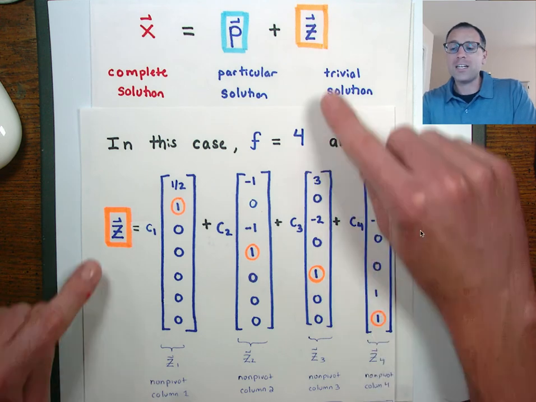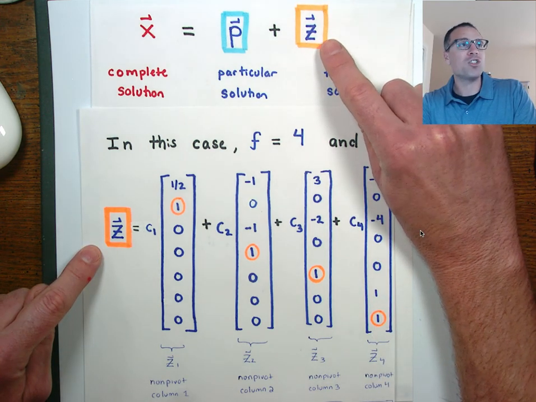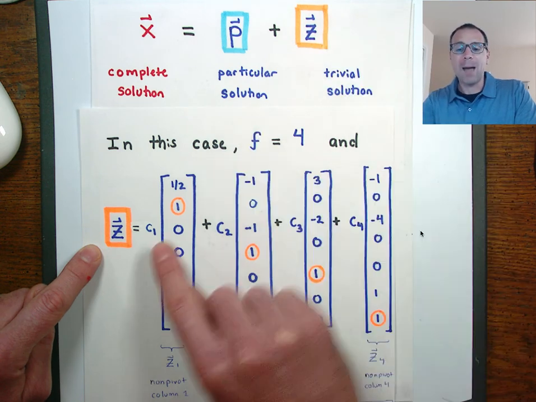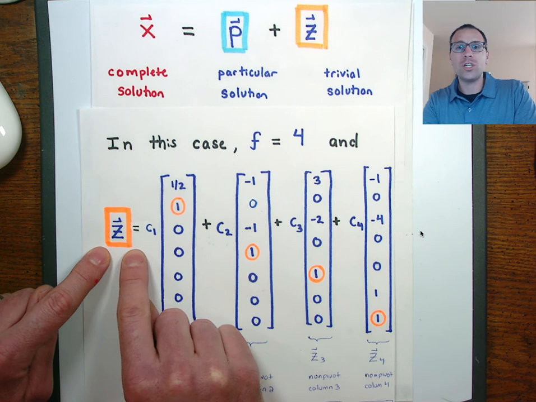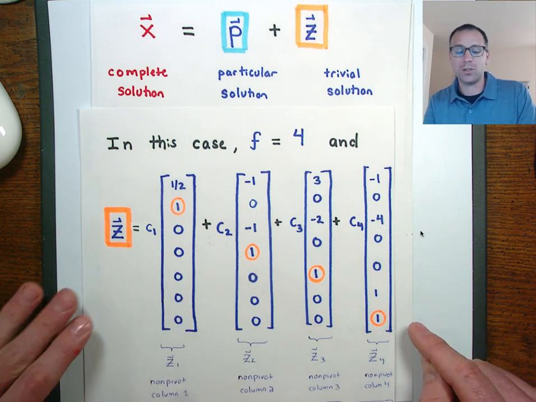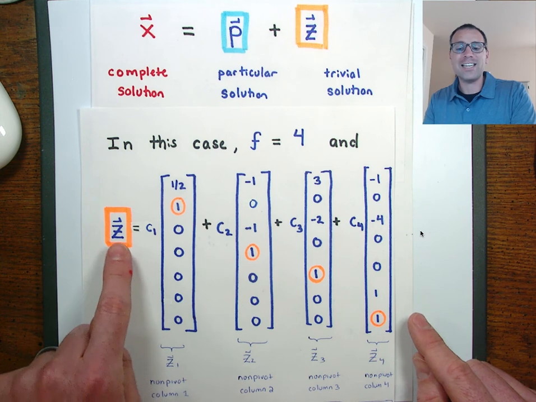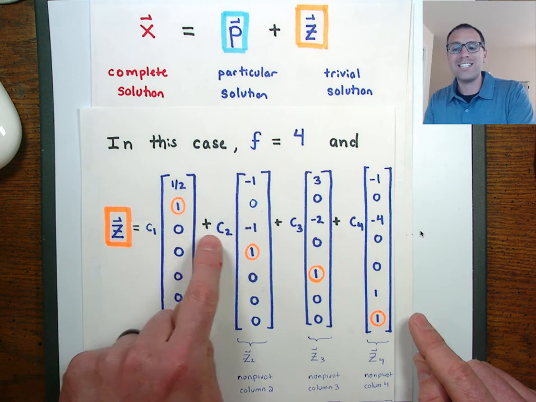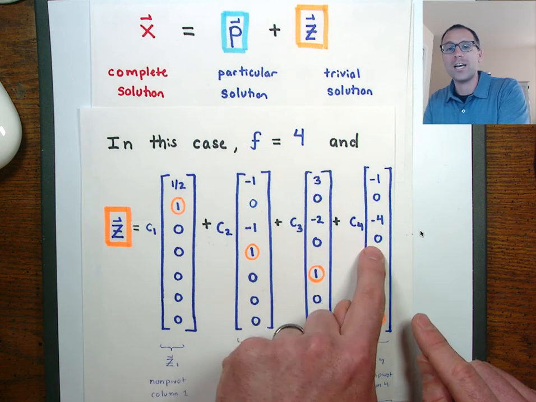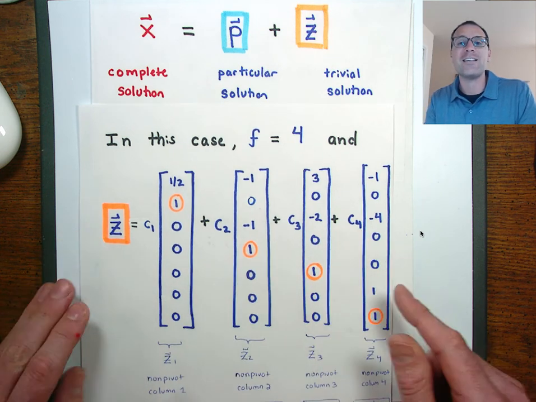For this specific example, that means any trivial solution is going to be written as a linear combination of the special trivial solutions. Another way to say that is that Z is C1 times Z1 plus C2 times Z2 plus C3 times Z3 plus C4 times Z4, where these C's can be anything under the sun.